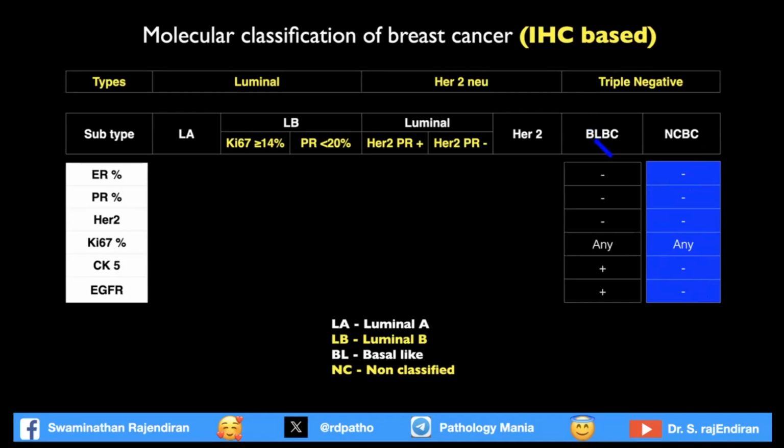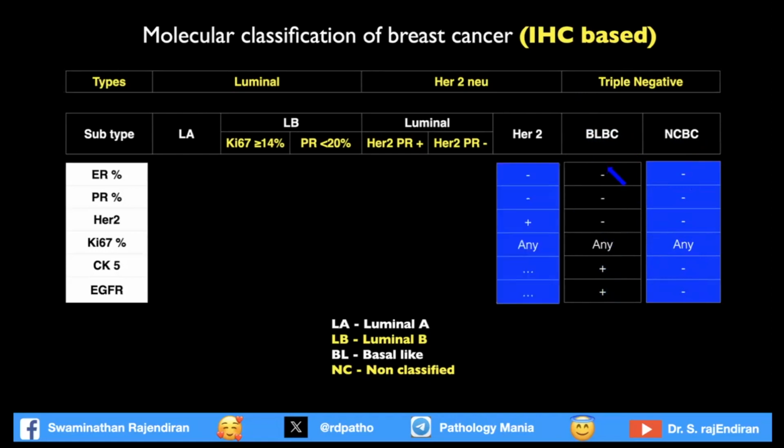Whereas basal-like breast carcinoma, the EGFR and the CK5 will be positive, but ER, PR, HER2 neu will be negative. In HER2 neu, only HER2 will be positive. Okay, so this is very easy. Coming to luminal type A, ER, PR positive and Ki67 less than 14%.